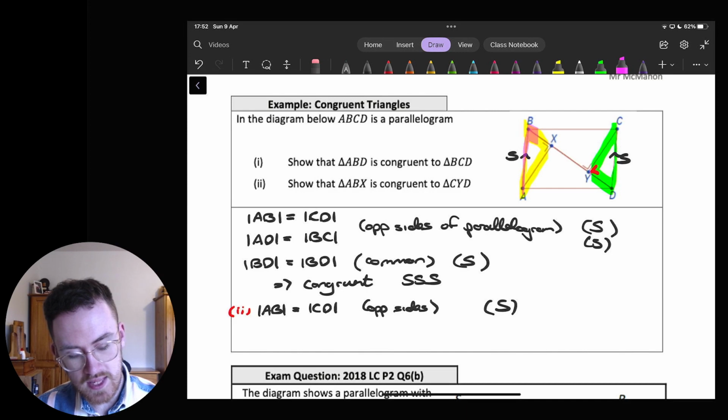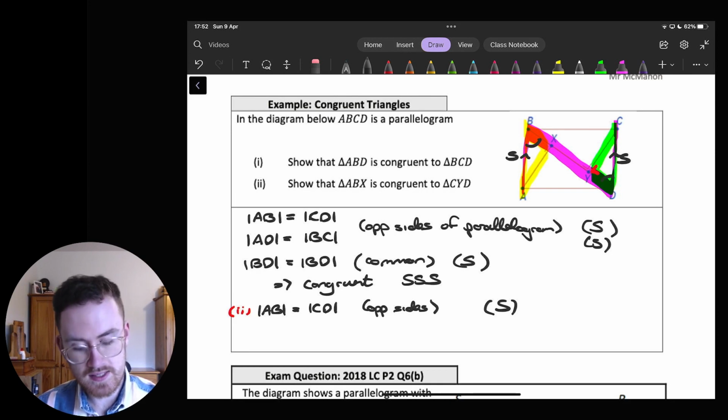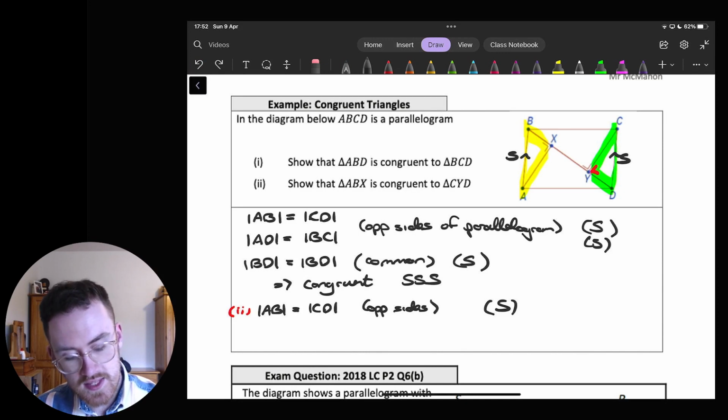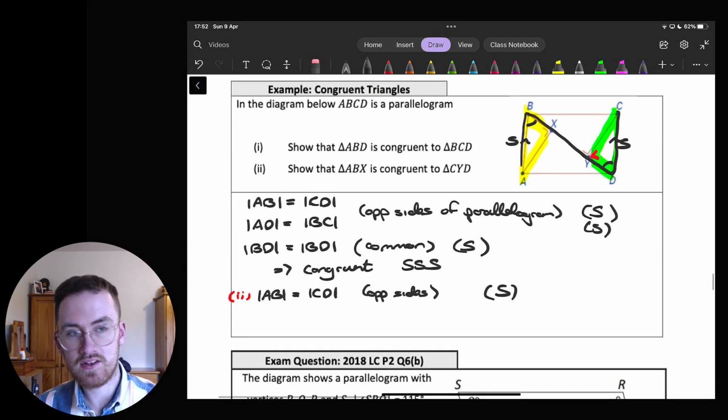So for example, I could draw my Z shape here to show that this angle at B would be the same as this angle down here, because of alternate angles.